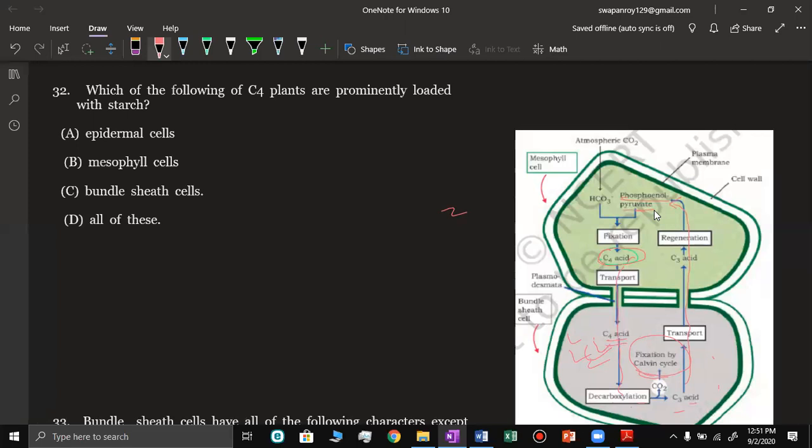This one absorbs the carbon dioxide from the environment and then transports it to the bundle sheath in the form of acid. Okay, this cyclic pathway is known as the Hatch and Slack cycle.